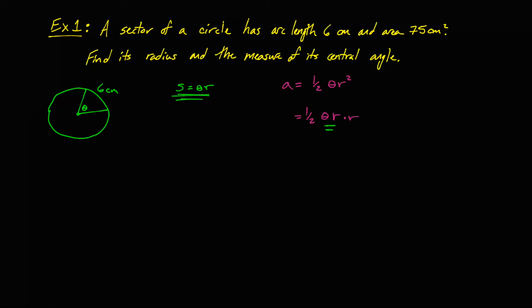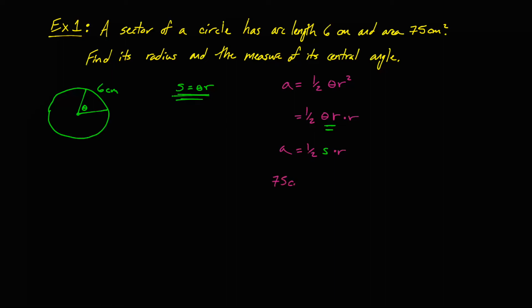And we end up getting 1/2 s, let me put that in green, s multiplied by r. And that is now our new formula for finding the relationship between s, r, and the area, which is A. So this is really helpful for us, especially if we're trying to find the radius when given arc length and area. So we can just straight plug these in and end up getting a nice workaround method to solving this question.